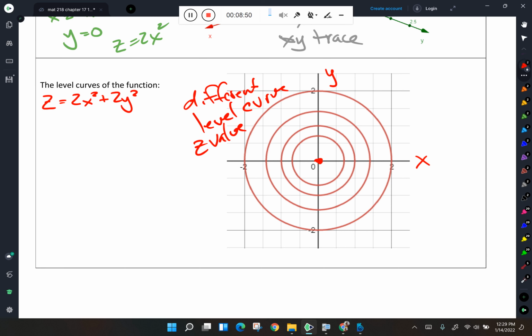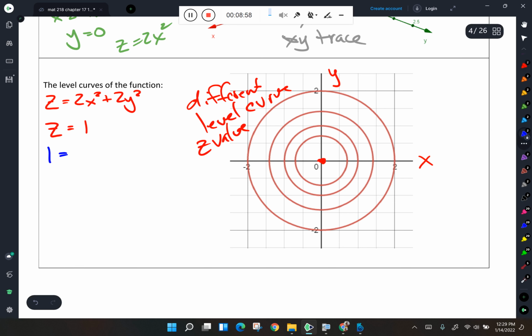So if I told you that z equals 1, then you'd say, okay, that means that 1 equals 2x squared plus 2y squared. Or if I simplify that, I get x squared plus y squared is equal to 1/2.